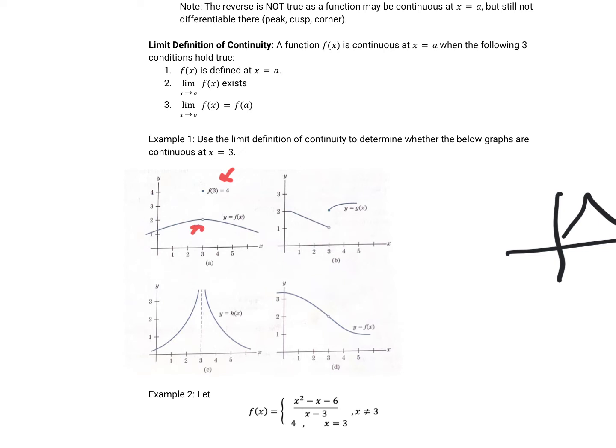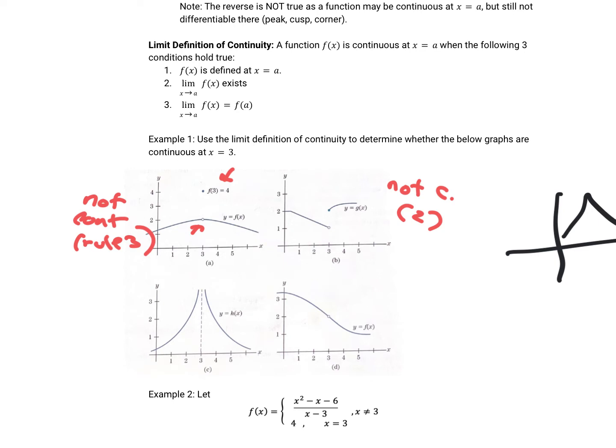But the limit does not equal f of 3, so it fails rule 3. How about the next one? The function exists at 3, the y value happens to be 2, that's where the closed-in circle is. But the limit doesn't exist because the limit from the left differs from the limit from the right. So it's not continuous, and rule 2 is what it is failing.